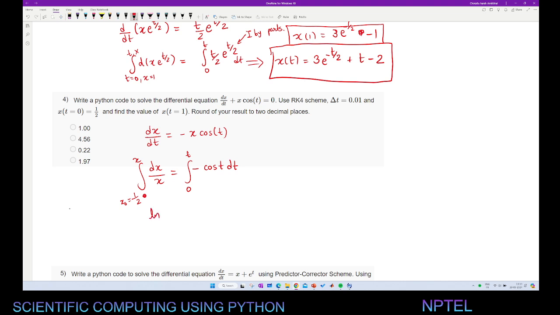So this is just ln of mod x divided by x0 is equal to, what is the integral of cosine? It's sine. So it will become sine of t from 0 to t, but sine of 0 is 0. This is just minus sine of t. So x will be x0 e to the power minus sine t.